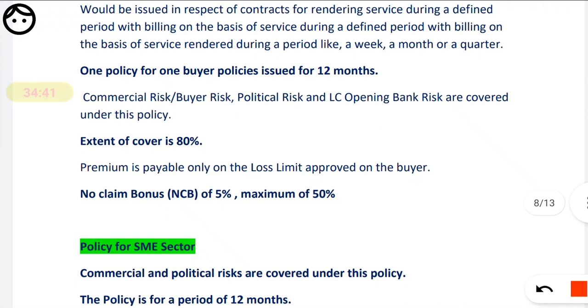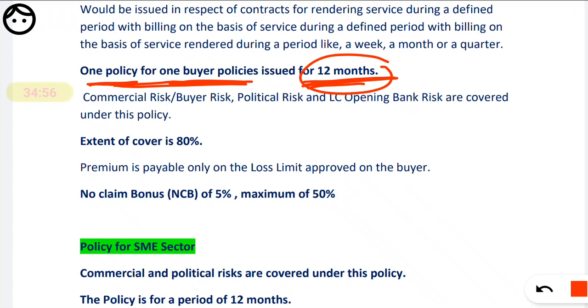But remember here in the IT policy, one policy for one buyer is issued for 12 months. Generally policies are for 12 months, but here one policy for one buyer is issued for 12 months. Commercial or buyer risk, political risk and LC opening bank risk are also covered in this policy.